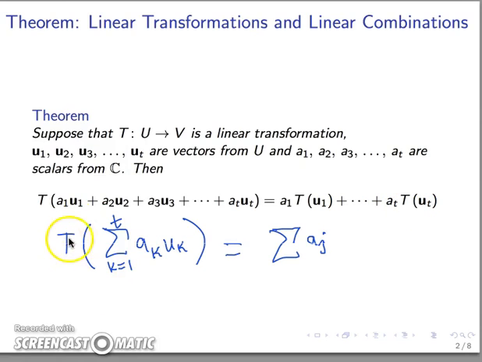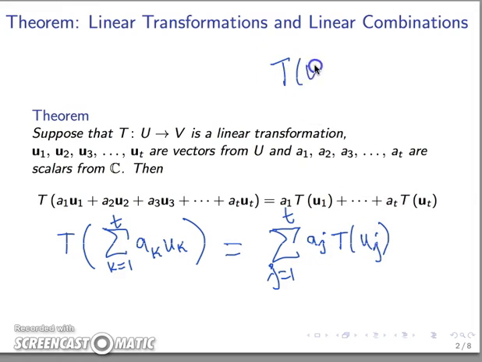So in other words, when we consider the image of the linear combination, here the summation of a sub k u sub k, when k runs from 1 to t, that itself becomes a summation that looks like a sub j T of u sub j. And so here we would say that j as an index runs between 1 and t. So the linear transformation evaluated at the linear combination is itself a linear combination.